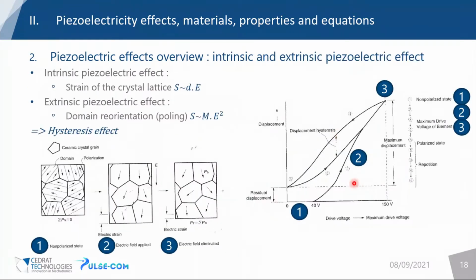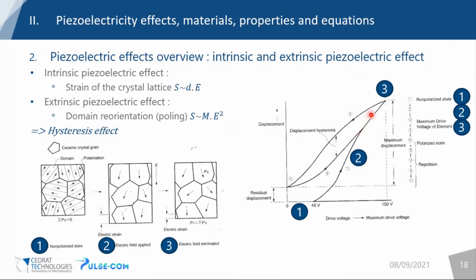So during the polarization, first, at the non-polarized state, as I mentioned, the inner polarization of the lattices is randomly chosen. But when we apply a high voltage at the edges of the piezoelectric material, they will be oriented in preferential directions. So this is step 2, up to, for instance, 150 volts.